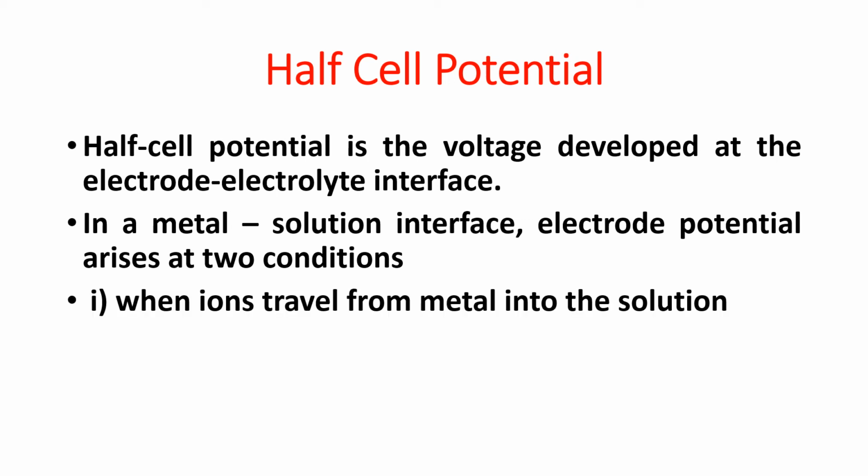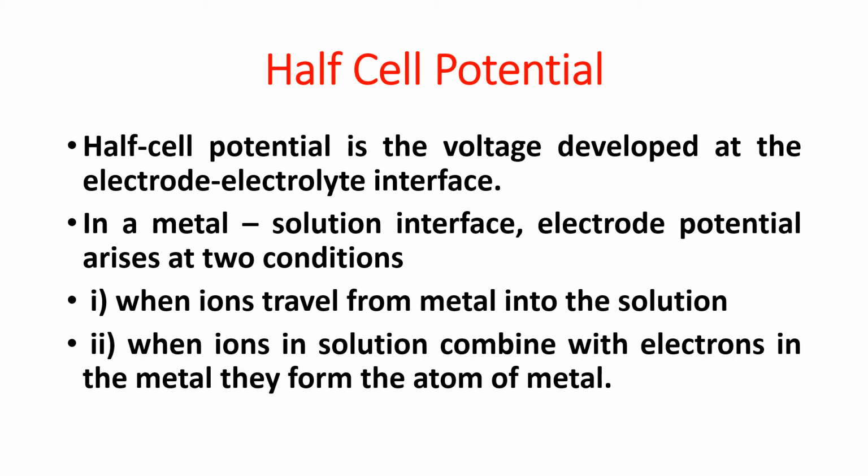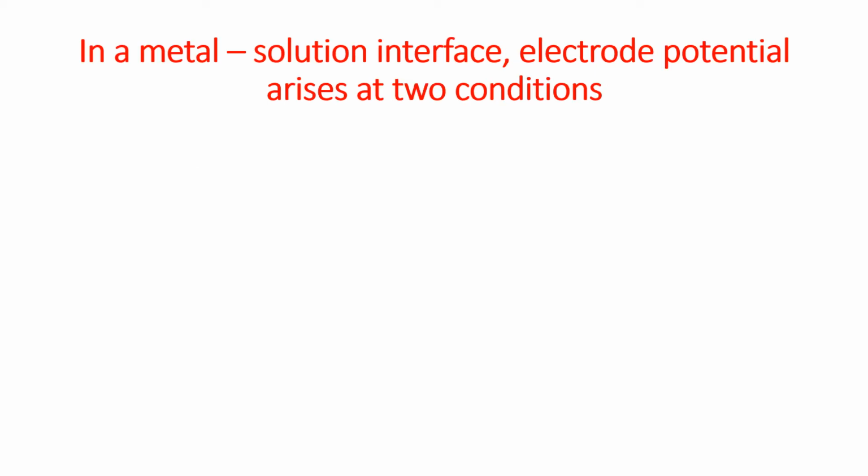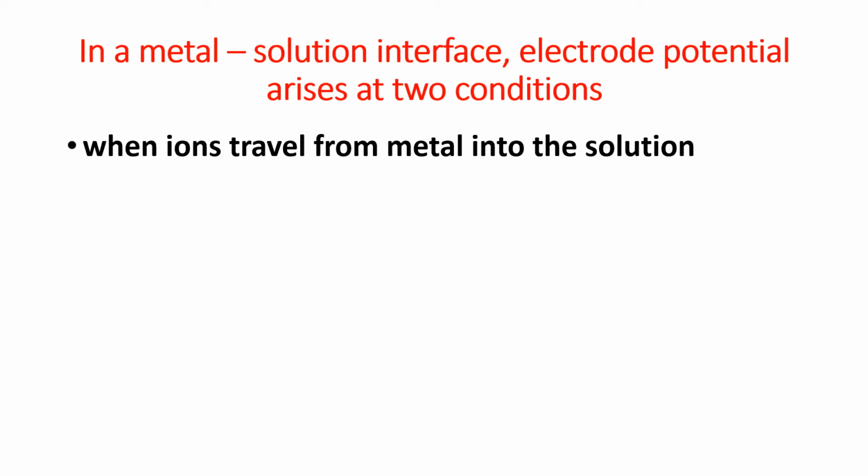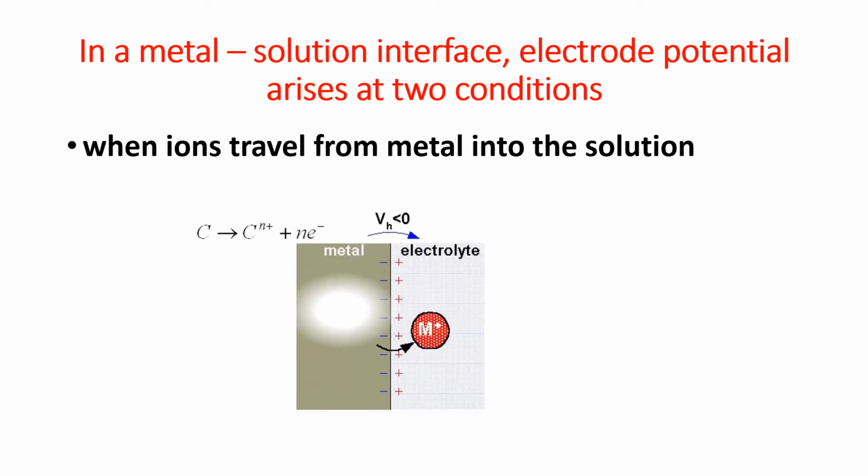First, when ions travel from metal into the solution, and second, when ions in the solution combine with the electrons in the metal, they form the atom of the metal. When ions travel from metal into the solution, electrode potential arises. Here is the representation.